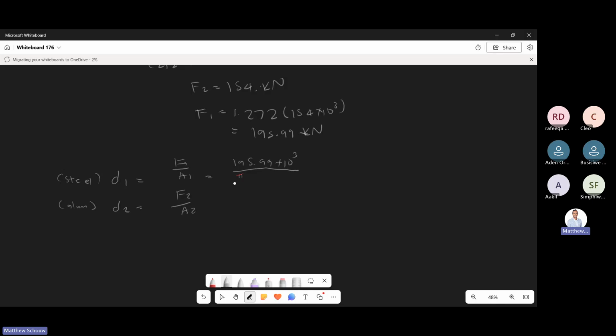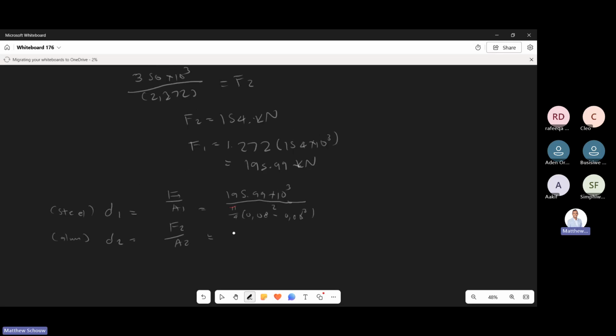0.08 squared minus 0.06 squared over here. And then the other one was the aluminium, 154 kilonewtons, and then we're just dividing that by that.